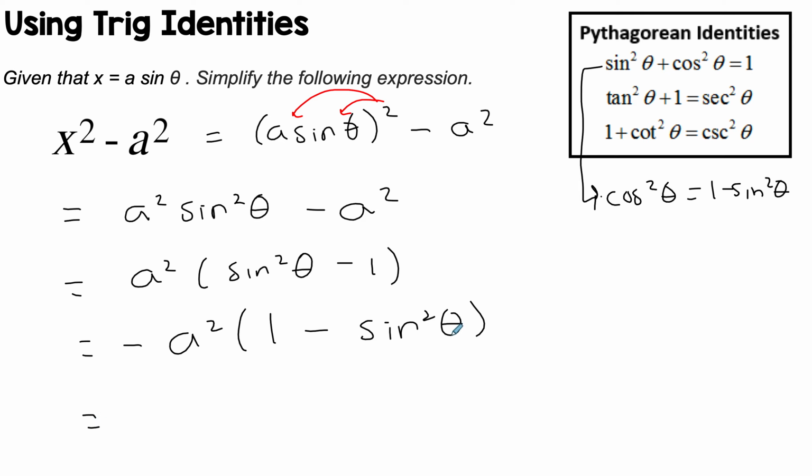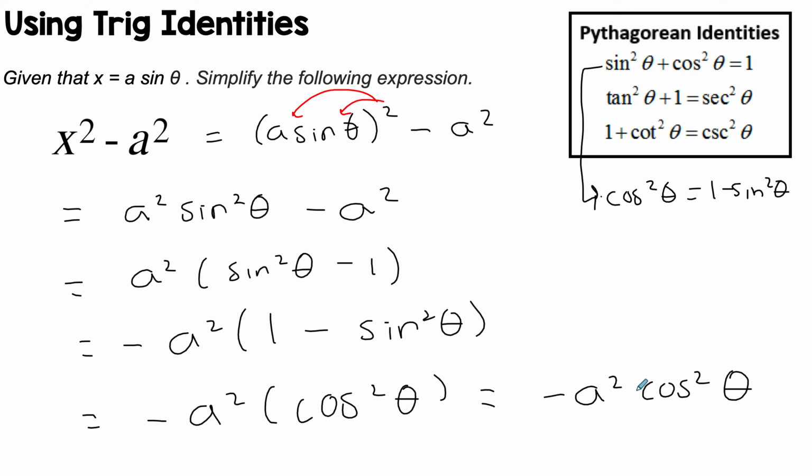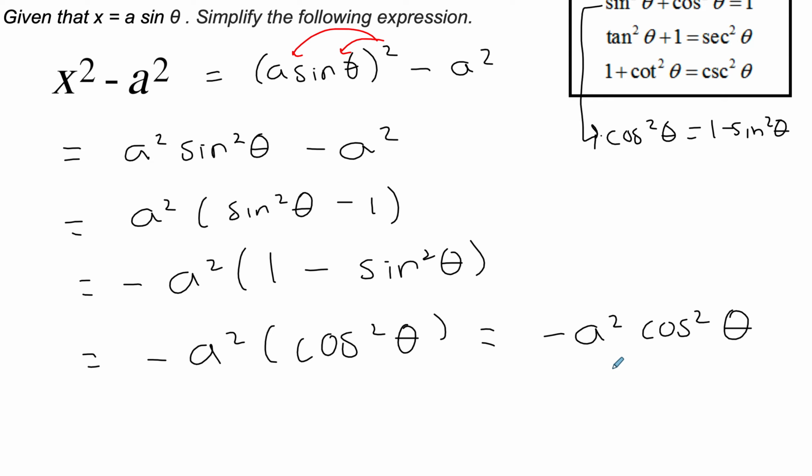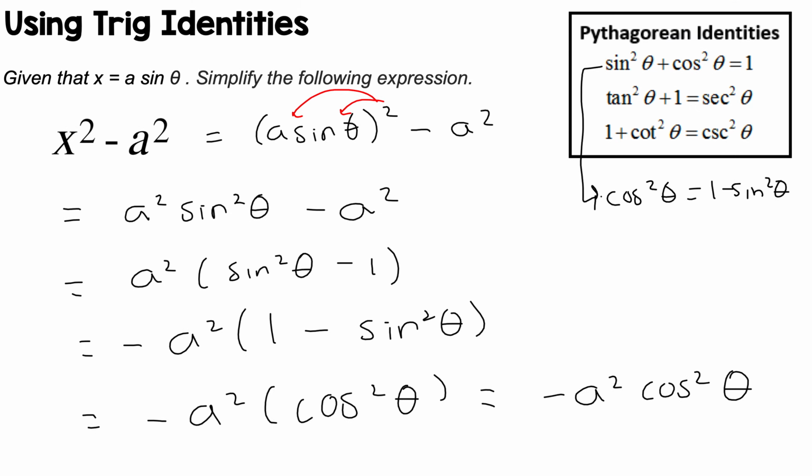And so I can replace whatever is inside the bracket with cos squared theta. So we just expand out, and I'm going to get a squared cos squared theta. And that's the final answer. You keep it as that. So yeah.